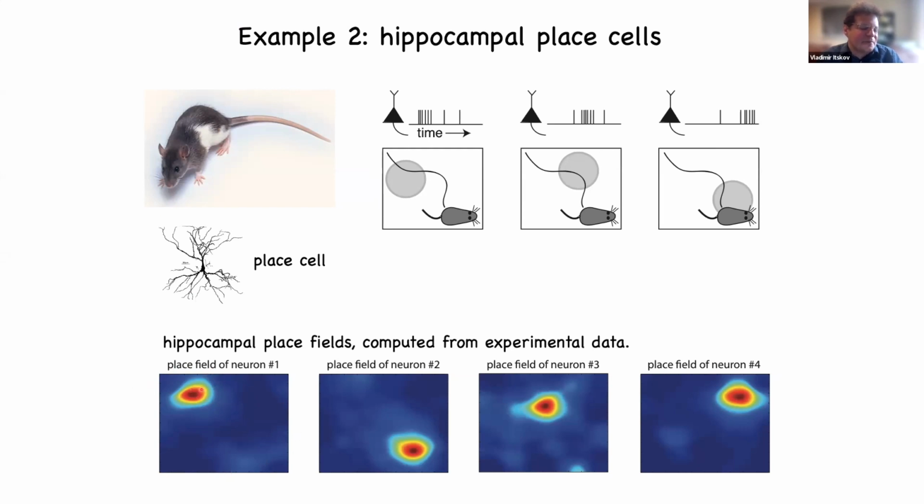What you see is the firing rate of individual neurons, the heat map of the appropriate receptive field. They're called place fields. And as you see, again, they're nicely unimodal, or in more mathematical language, convex.